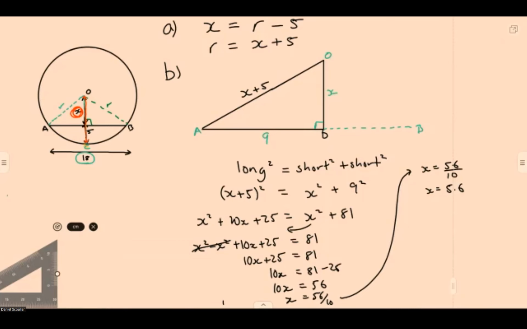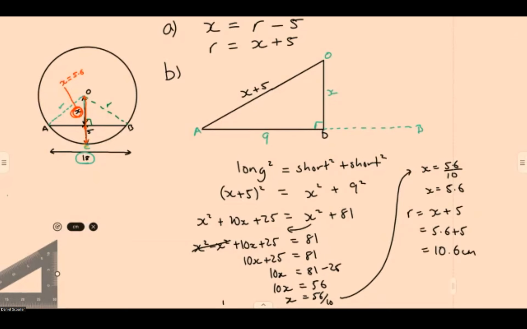We've got X is equal to 5.6, and we know that the radius is that X plus another 5, which is the depth we were given at the start. So our radius is equal to X plus 5, 5.6 plus 5, 10.6 centimeters. The answers are down the bottom, so that's just a recheck.